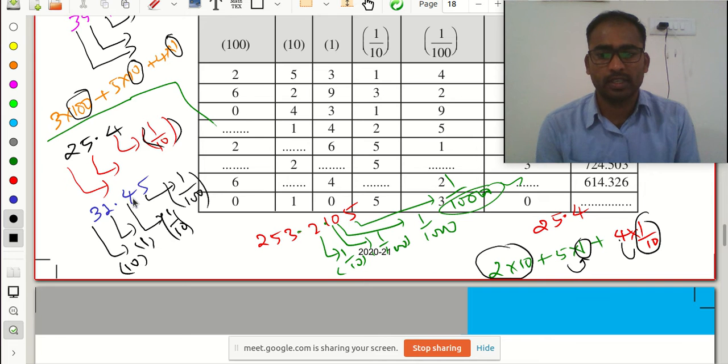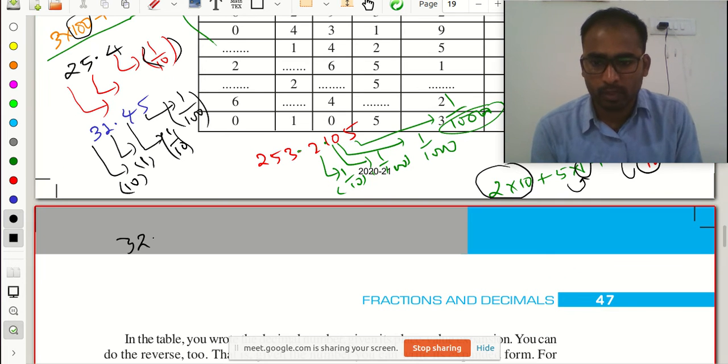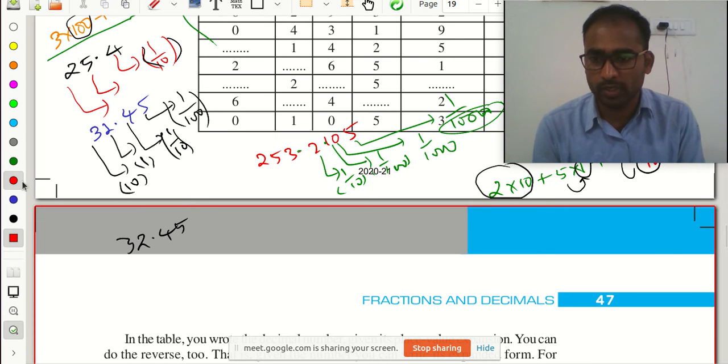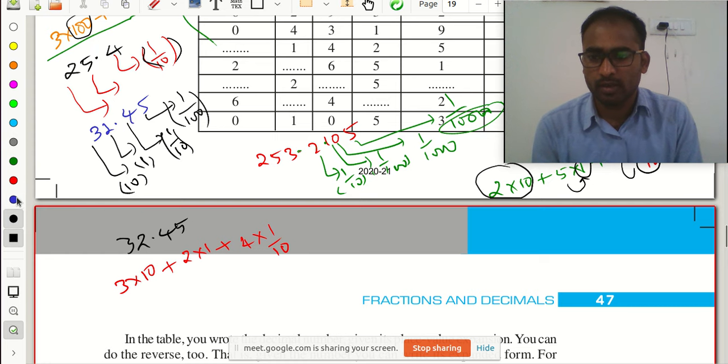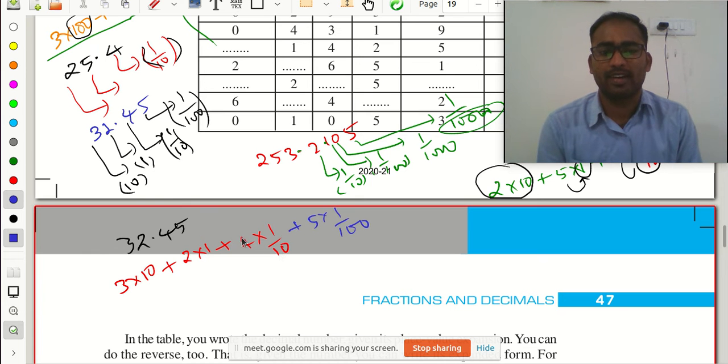See here, 32.45 is there. How to write this 32.45? I can write this as 3 multiplied with 10 plus 2 multiplied with 1 plus 4 multiplied with 1 by 10 and 5 multiplied with 1 by 100. Okay.